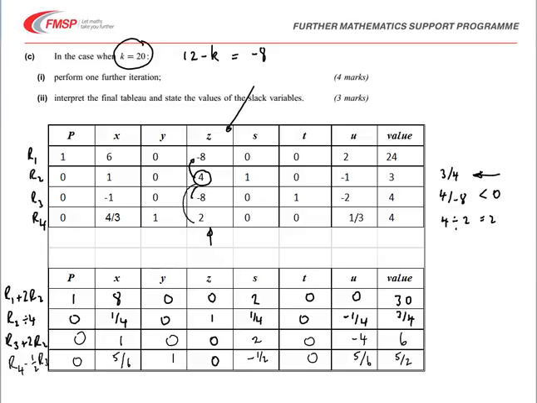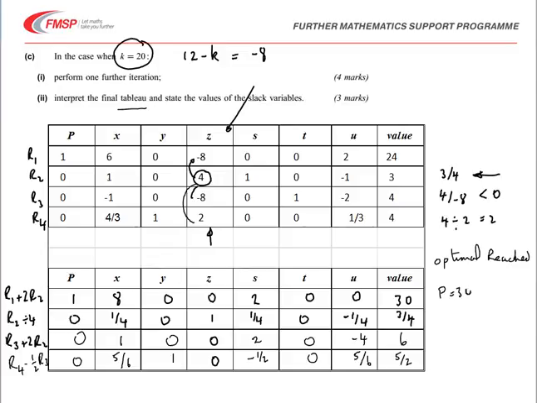We're asked then to interpret the tableau and state the values of the slack variables. So in interpreting the tableau, the first thing to say is that this is optimal because there are no negatives in that top row. So the optimal value has been reached. And we can read off then the values.